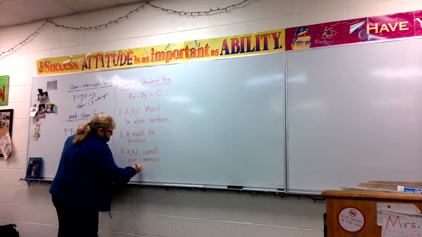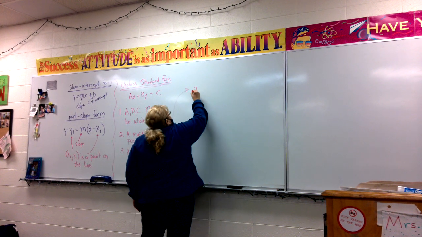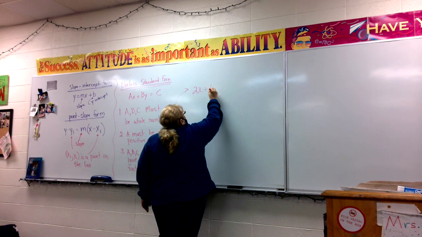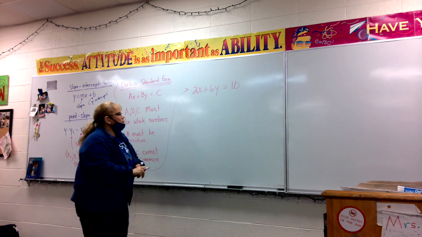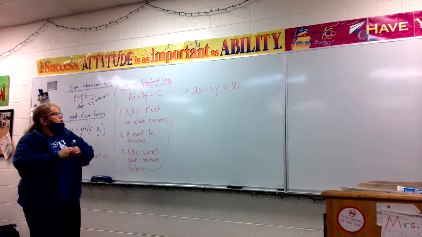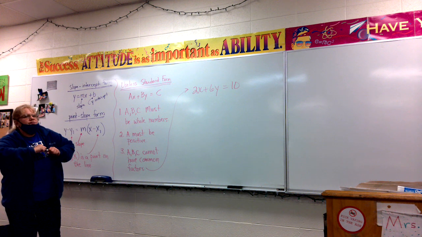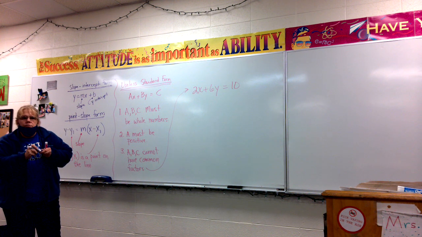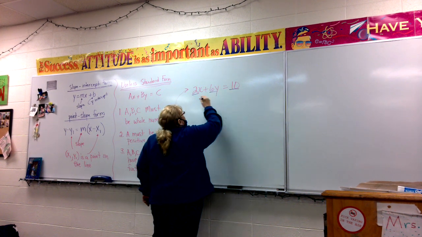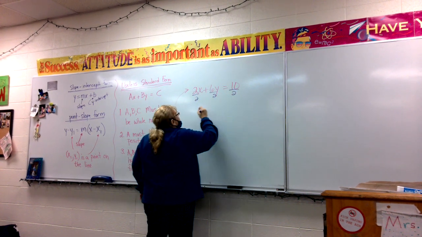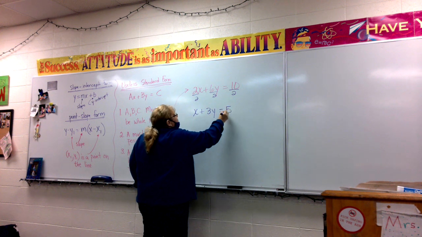What does that mean? That means if the equation is 2x plus 6y equals 10, that's not in proper standard form. What goes into 2, 6, and 10? 2, right? So if they have a common factor, you have to divide them all by 2 and get x plus 3y equals 5.